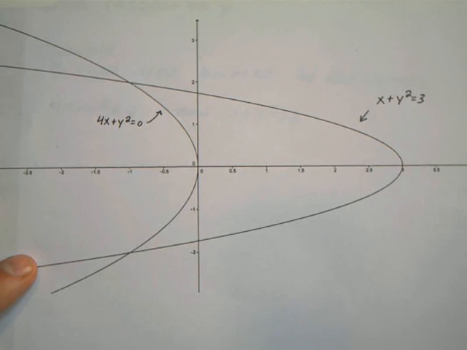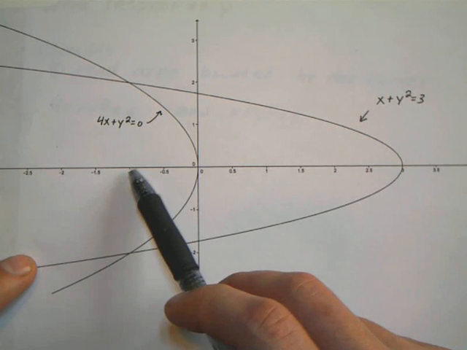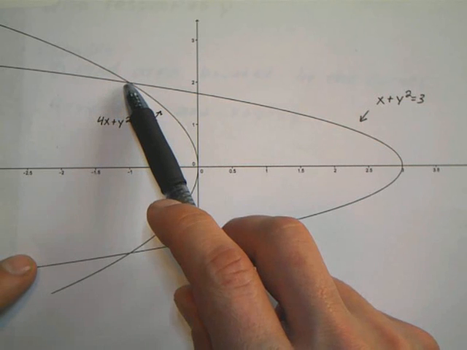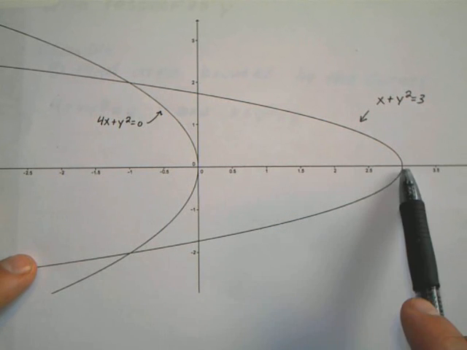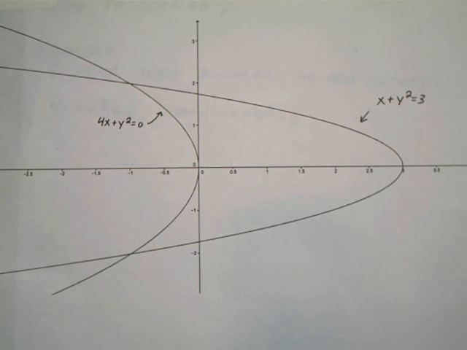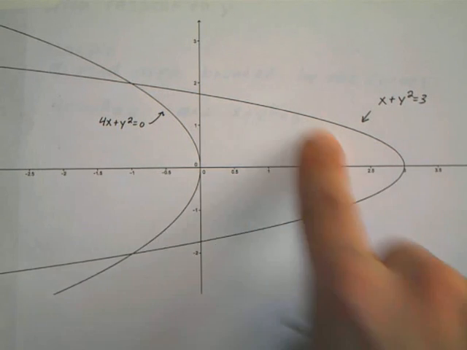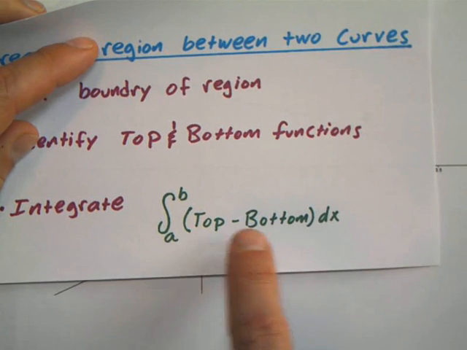Alright, so to make a nice, detailed, organized sketch, where they intersect is at -1, +2, and -1, -2, and over here at 0. Now, if I try to approach this the same as before, where I find the area inside this region, from the last video, I have to figure out which is the top and which is the bottom.